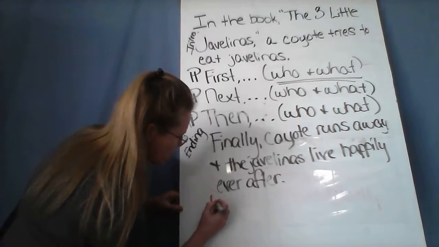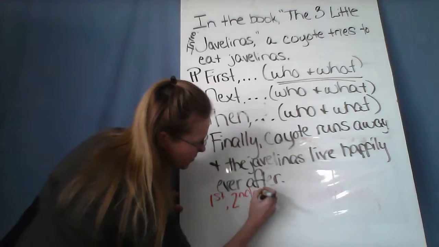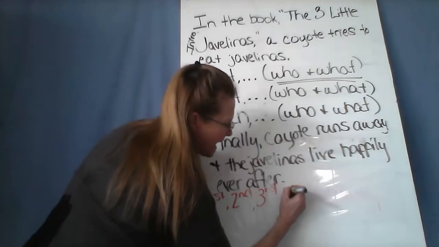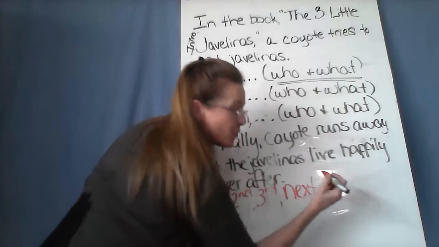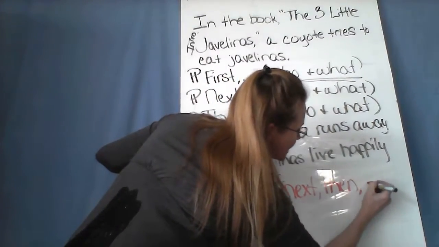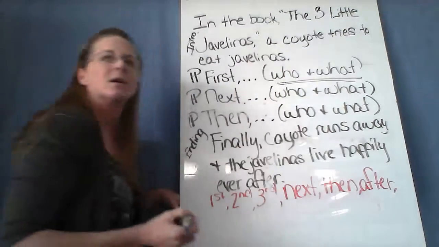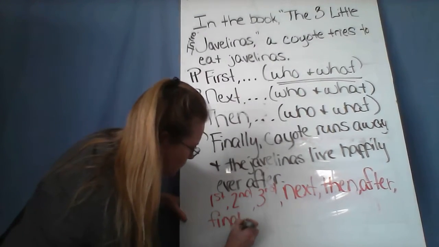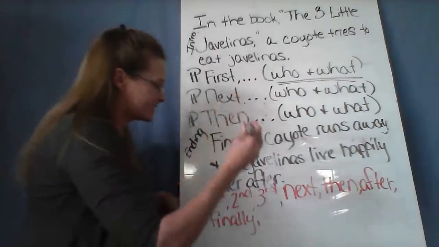We can use ordinal words such as first, second, third. We can use next. Another word. Yes, then. Another word. Yes, after. Good. Any other words? Finally. Yes. Anything else? Yes, last or lastly.